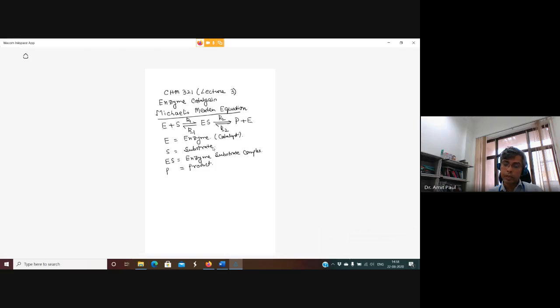This part of the definition is true, that the catalyst, or in this case enzyme, basically recovers at the end of the reaction. But they do take part in the reaction, as we can see in the first step, that E plus S is forming an enzyme substrate complex.